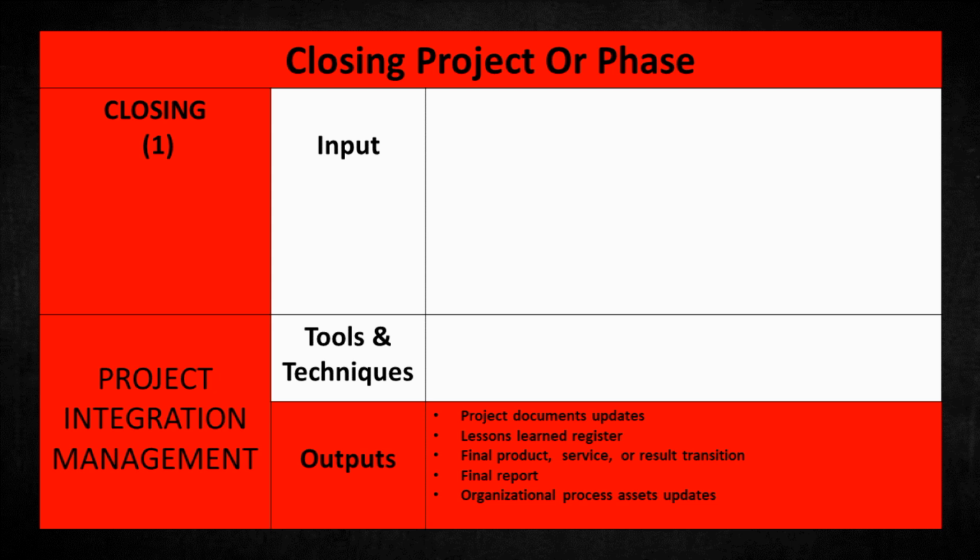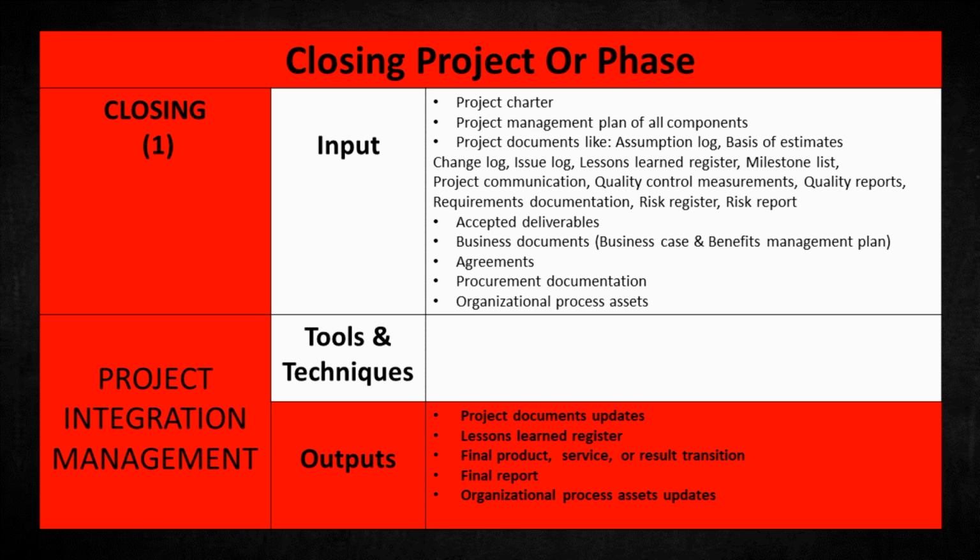Firstly, we need some inputs: the project charter, the project management plan with all components, and project documents like the assumption log, basis of estimates, change log, issue log, lessons learned register, milestone list, project communications, quality control measurements, quality reports, requirements documentation, risk register, risk report, and accepted deliverables.